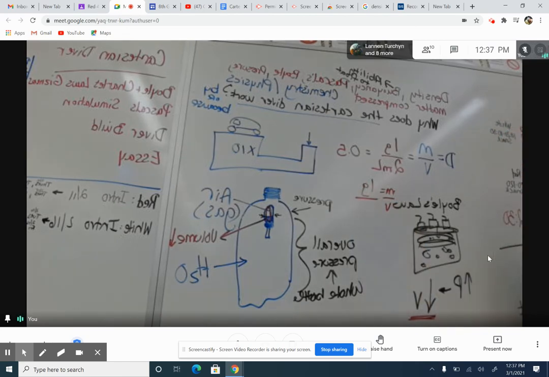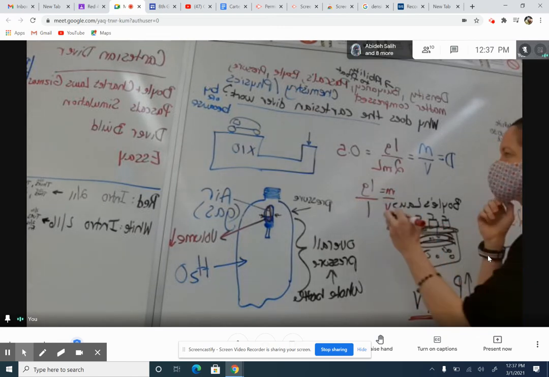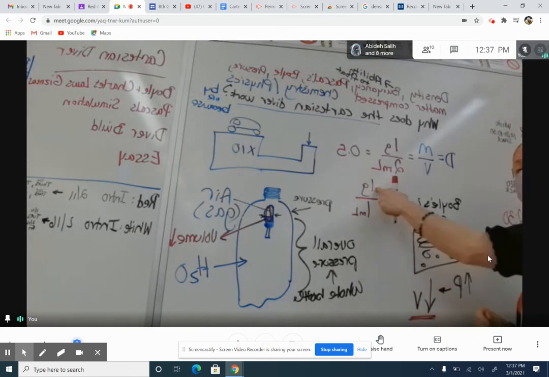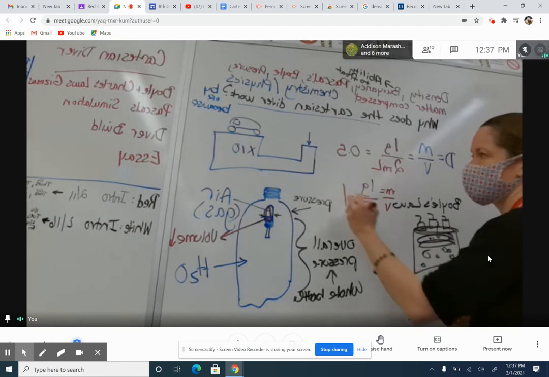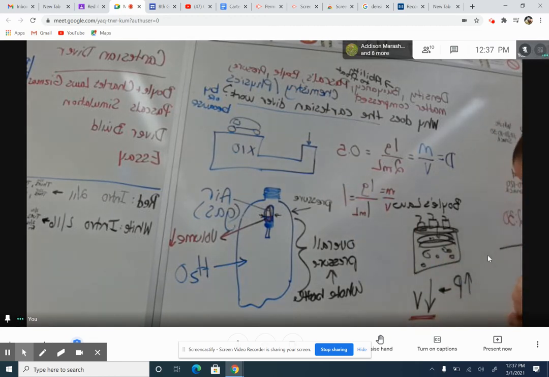If I squeeze my bottle and the gas gets compressed, but the water stays the same, what's going to happen to my volume inside the pipette? It'll get smaller. What's a smaller number than 2? That would be 1. Easy math, right? What is 1 divided by 1? 1.